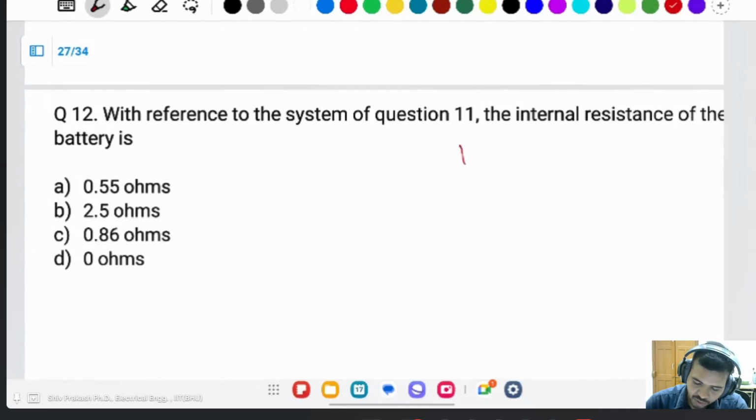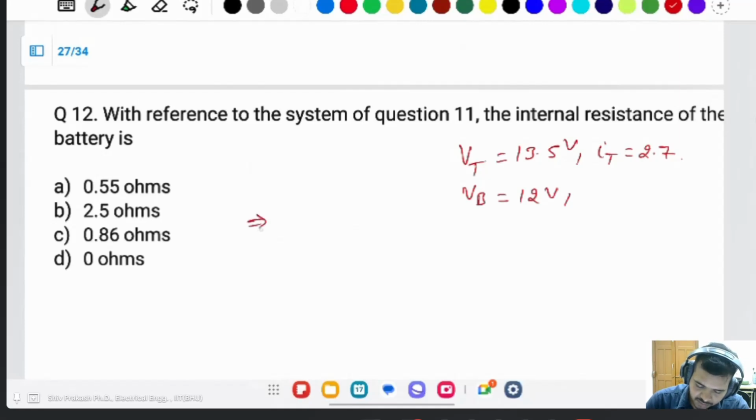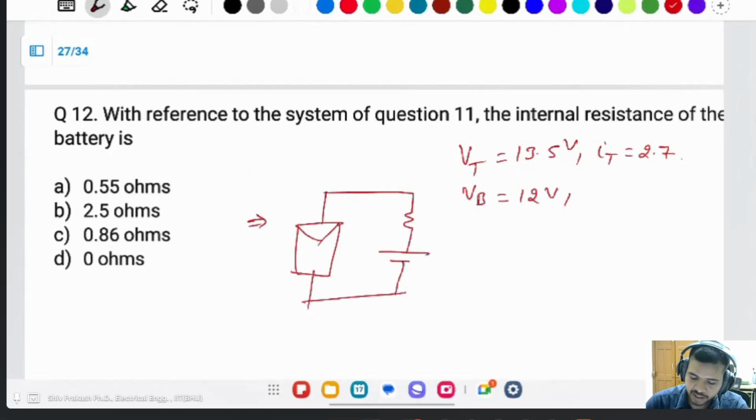Same thing, with reference to the same question: internal resistance of the battery. We know V naught. Solar panel VT is taken as 13.5 volt, current IT 2.7 ampere, and VB is given 12 volt. The circuit looks like that, directly connected to the system. This VT is given, this is IT, same as IB, internal resistance R naught, VB.